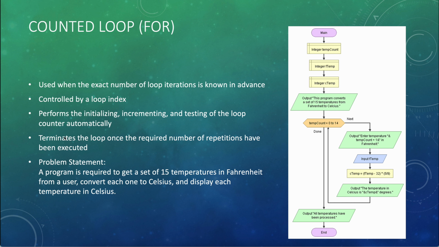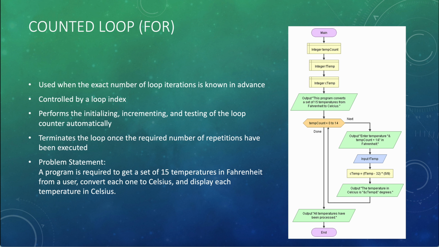The useful thing about this is that it performs the initializing, incrementing, and testing of the loop counter automatically. The loop is terminated once the required number of repetitions have been executed, so there's no need to check for a specific condition other than checking what number the counter is on.